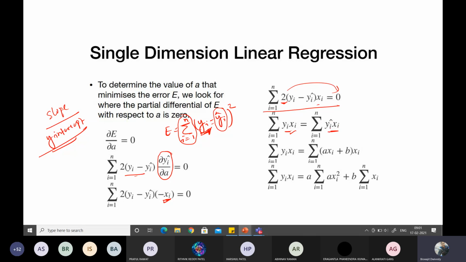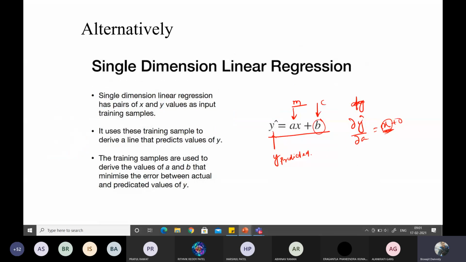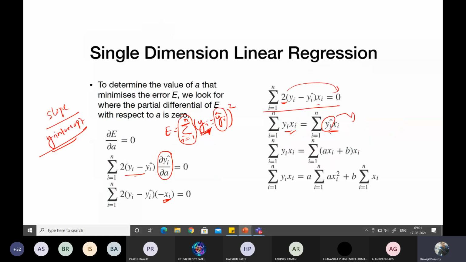Already we know that y predicted can be represented using this equation, so we'll use that equation in this step. So yi cap can be written as a of xi plus b. Here we can just open this and keep it as it is. So this is your first condition, at which our error will be 0.